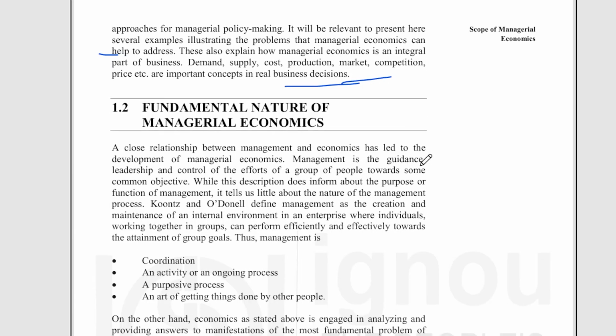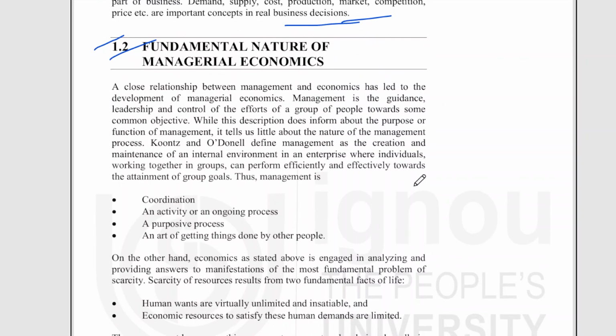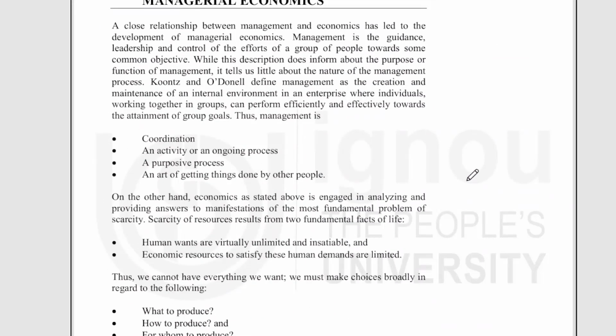Okay. And next is the fundamental nature of managerial economics. What are the fundamental natures? A close relation between management and economics has led to the development of managerial economics. Management is the guidance, leadership, and control of the efforts of a group of people towards some common objectives.